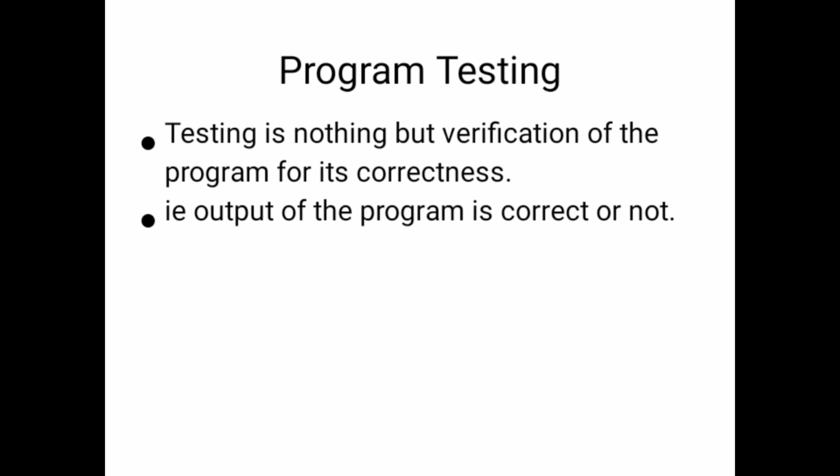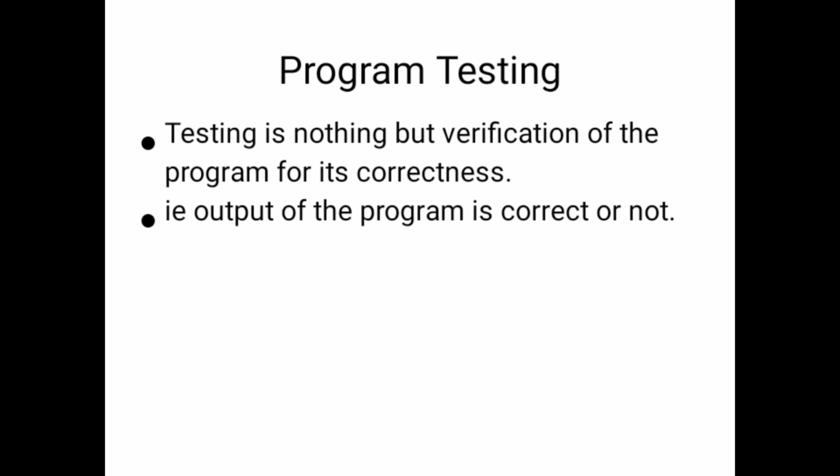Next, we have the program testing. After implementing the program in a specific language, next is to execute it. After executing the program, the desired output should be obtained. Testing is nothing but the verification of the program for its correctness, that is, whether the output of the program is correct or not.